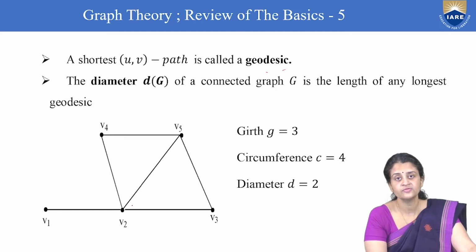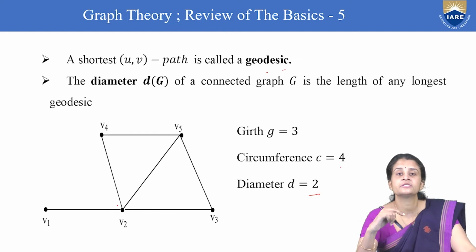Girth means length of the shortest cycle; the shortest cycle in this graph is 3. Circumference is the length of the longest cycle in the graph, which is 4. The diameter of a connected graph is the length of the longest geodesic. Longest geodesic here is 2. Connecting any two vertices, we can find the maximum length to be 2. So the diameter is 2.